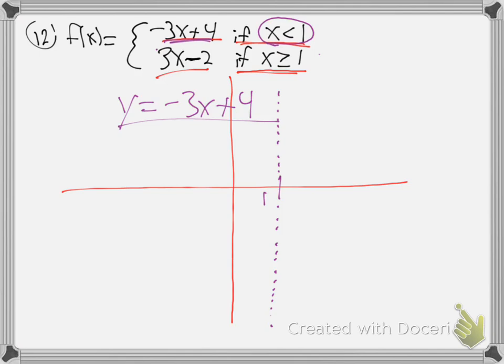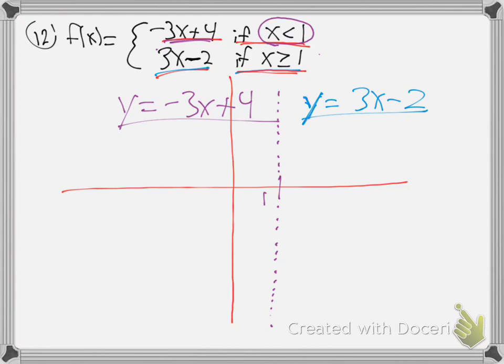And over on the right of 1, greater than or equal to 1, you're supposed to have y equals 3x minus 2. So I just go ahead and put the labels in the zones in which they belong to make things easier for me visually.